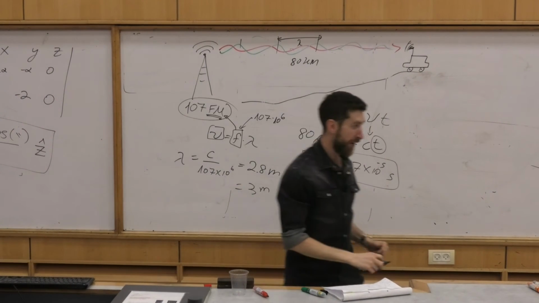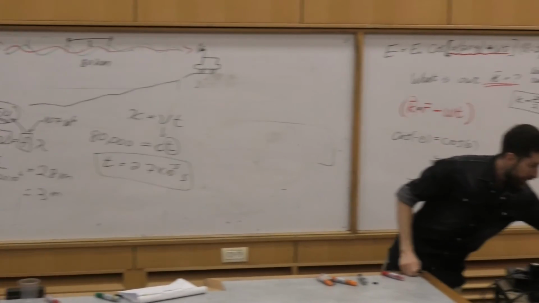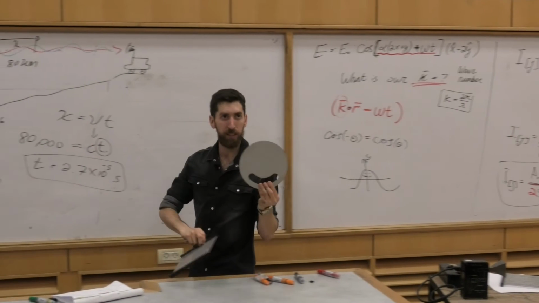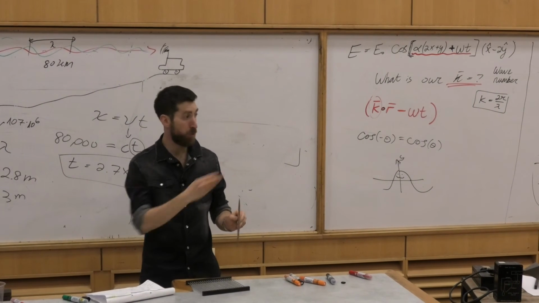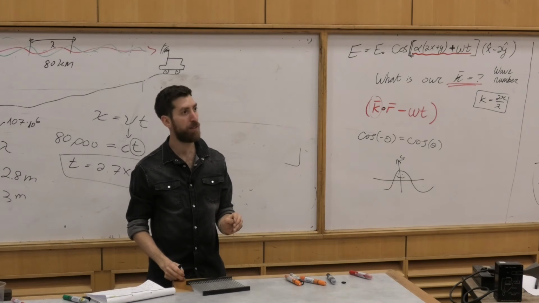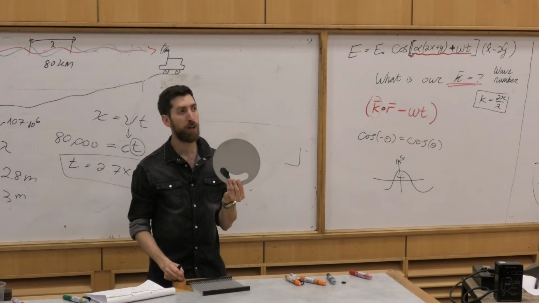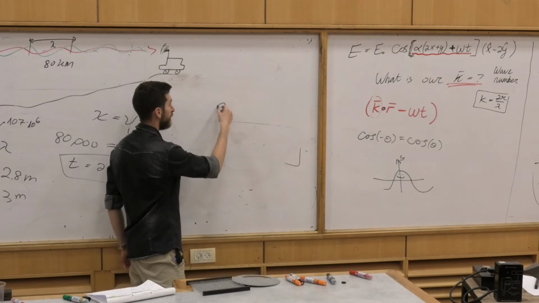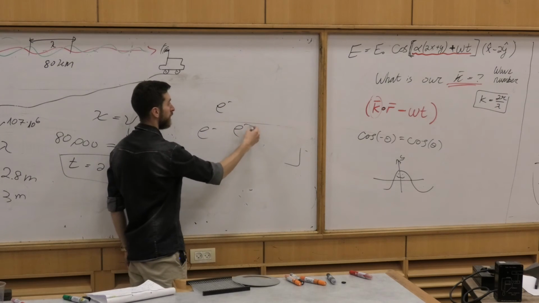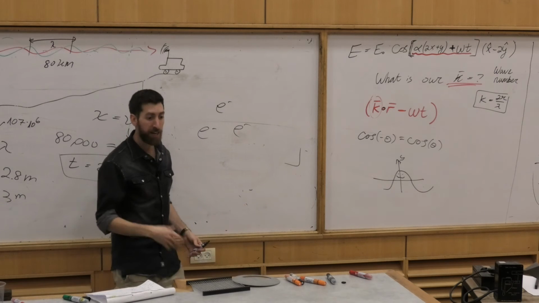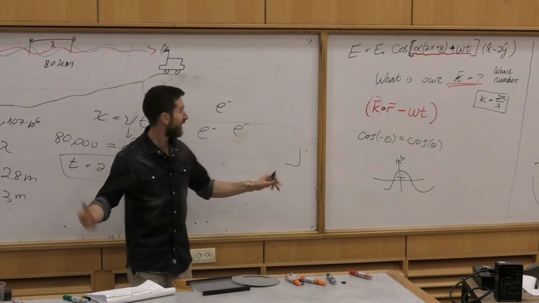Cool. By the way, why, when I put this in between the radio wave that we had there, did it stop? Why did it stop? This is a conductor. What does a conductor have in it? Charge, right? Free charge, it can move. Conductor is like, everybody do whatever you like.